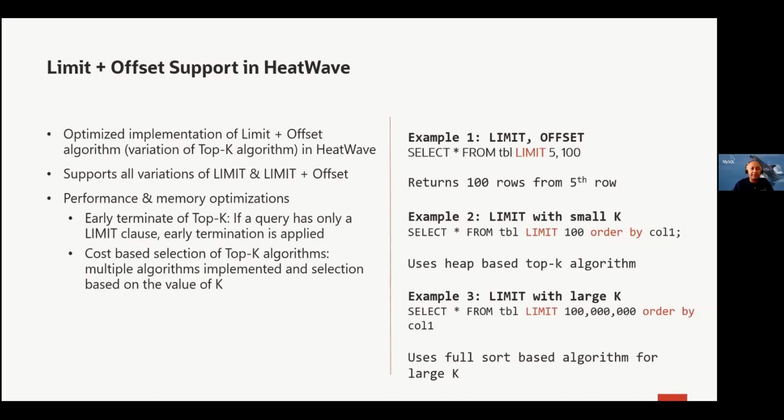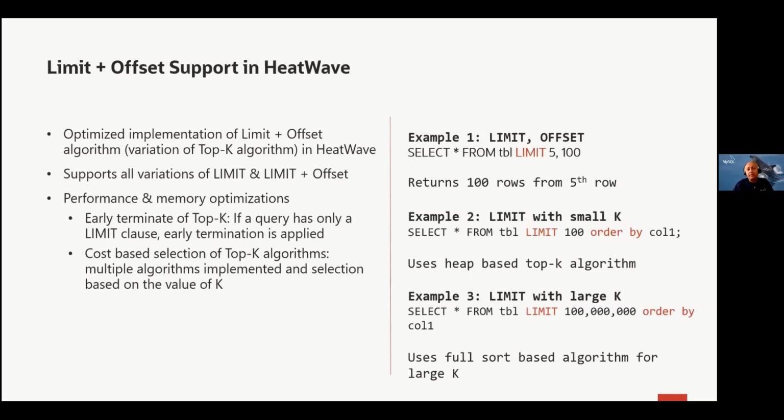That's the first optimization. The second thing which we do, and that's illustrated in the example between 2 and 3, is that depending upon the number of rows which need to be scanned and the number of rows which need to be returned, a choice of a different algorithm is made. If I'm going to be scanning the entire data set, which for instance has 100 million rows, I'm much better off doing a full sort. Whereas if the number of rows being returned is smaller, then I could use a different implementation.